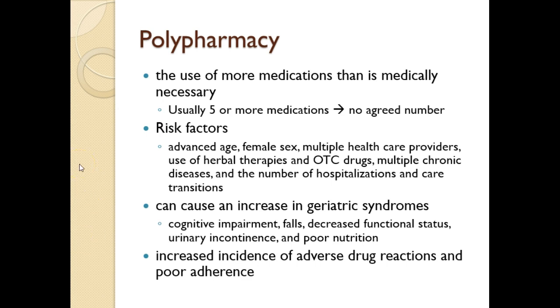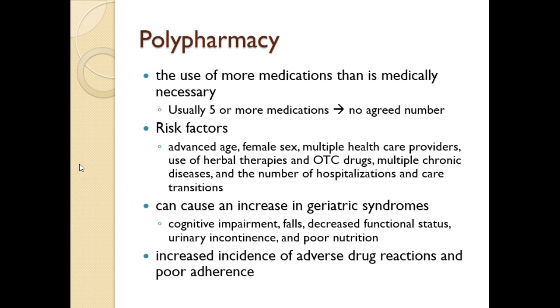So again, as I said, your patients who are older adults are more likely to have polypharmacy, which is the use of more medications than is medically necessary. There is no agreed number, but usually 5 or more has been found to be a good definition of polypharmacy.